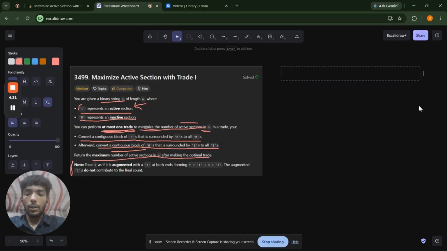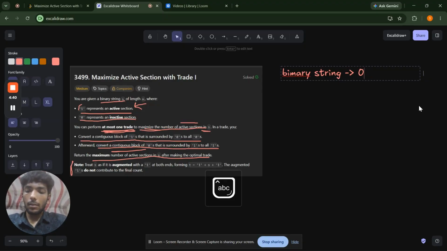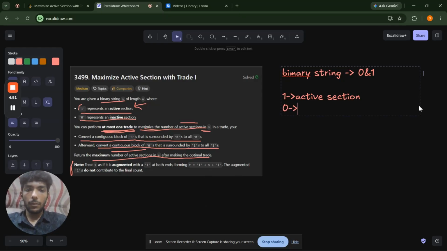Okay, so a binary string, which is nothing but 0 and 1. 1 means active section and 0 means inactive section.